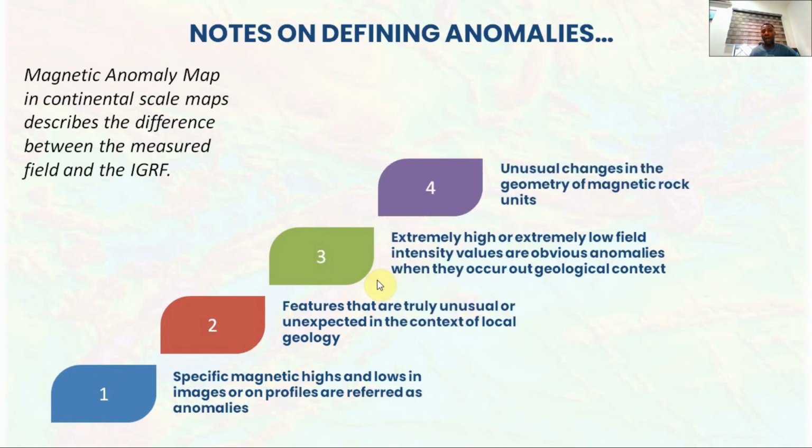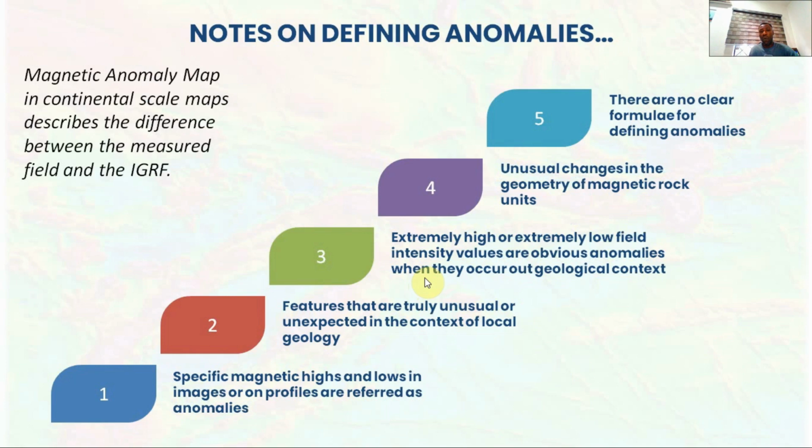Another one is some unusual changes in the geometry of magnetic rock. Yes, we can call them anomalies. So they can also form anomalies. There is no clear formula for defining anomalies in a magnetic map or even in geology. So anomalies are where you find them and what you are looking for. That could be an anomaly.